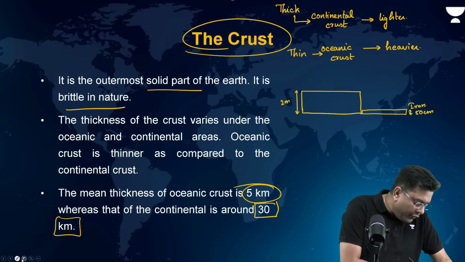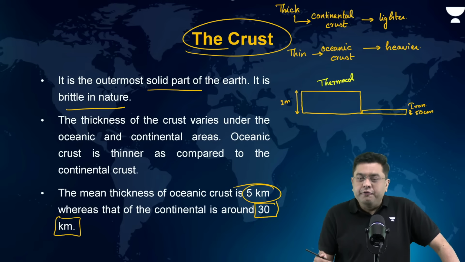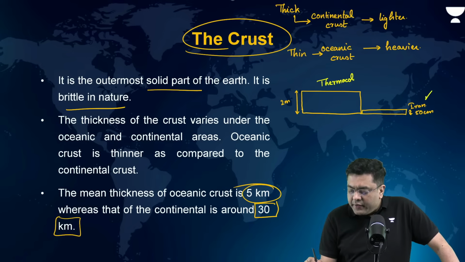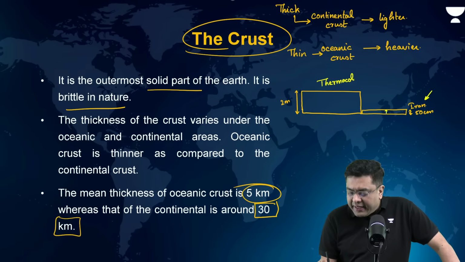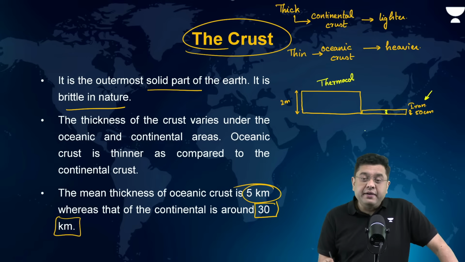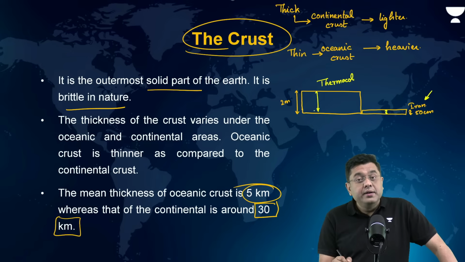Okay. So out of these two, this is your thermocol and this is your iron. Which is going to be heavier? Always iron is going to be heavier, isn't it? Despite the fact that it is very thin, iron is going to be heavier. Despite the fact that thermocol is very thick, still it is going to be lighter.